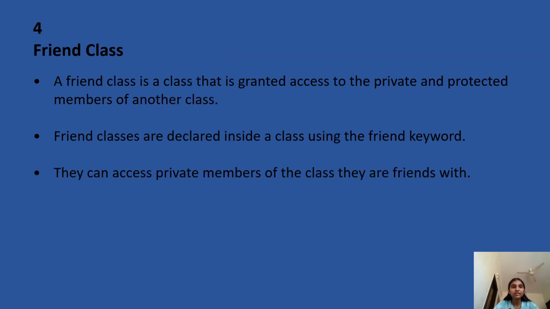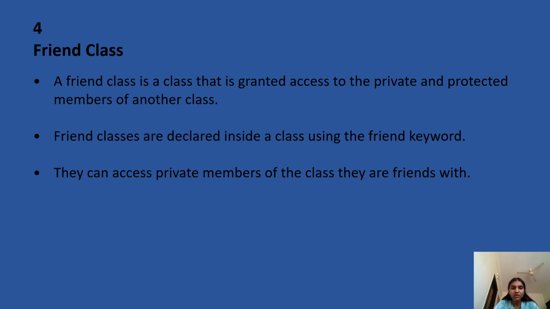Moving on, let's understand what a friend class is. A friend class is a class that is granted access to the private and the protected members of another class. Friend classes are declared inside the class using the same keyword friend. They can access private members of a class they are friends with.